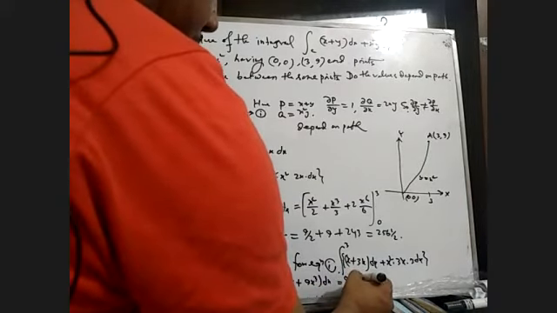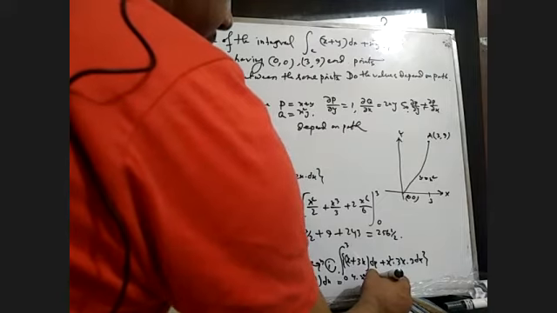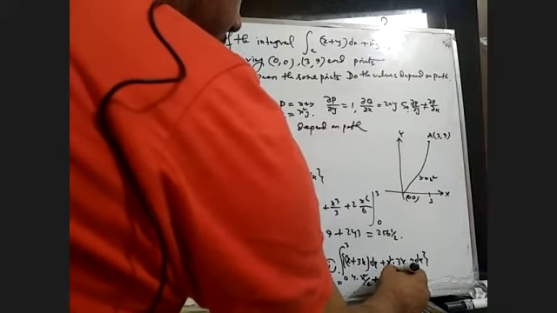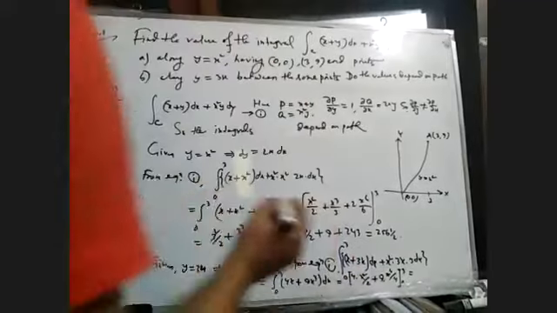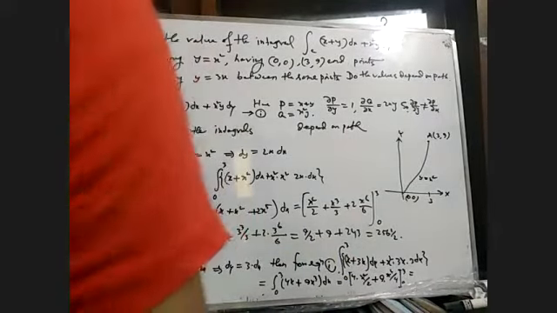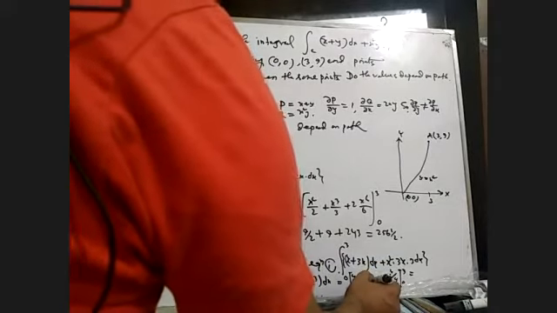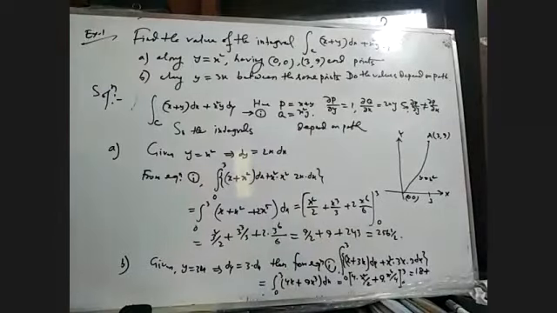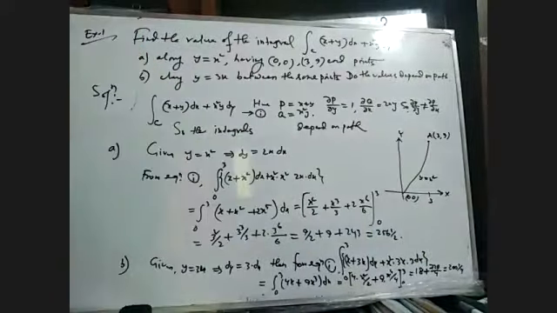So this can be written as 4 into x square by 2 plus 9 into x to the power 4 by 4, with limit 0 to 3, and just putting x equals 3 we get the required result. 3 square is 9, 4 by 2 is only 2, 9 into 2 is 18, 18 plus 3 to the power 4 means 81, 81 into 9 by 4, that means 201 by 4. This is the required result.